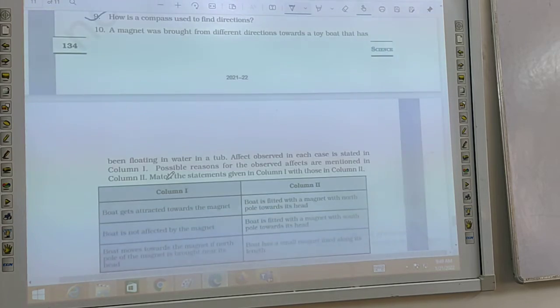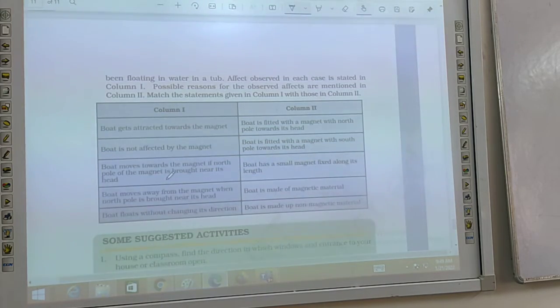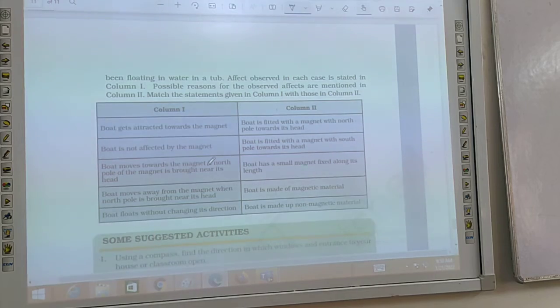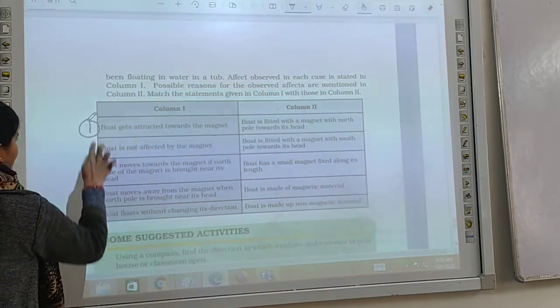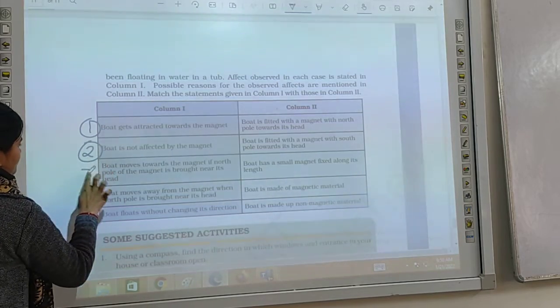The effect observed in each case is stated in column 1, and possible reasons for the observed effects are mentioned in column 2. Match the statement given in column 1 with those in column 2. So first of all, write the numbering here.